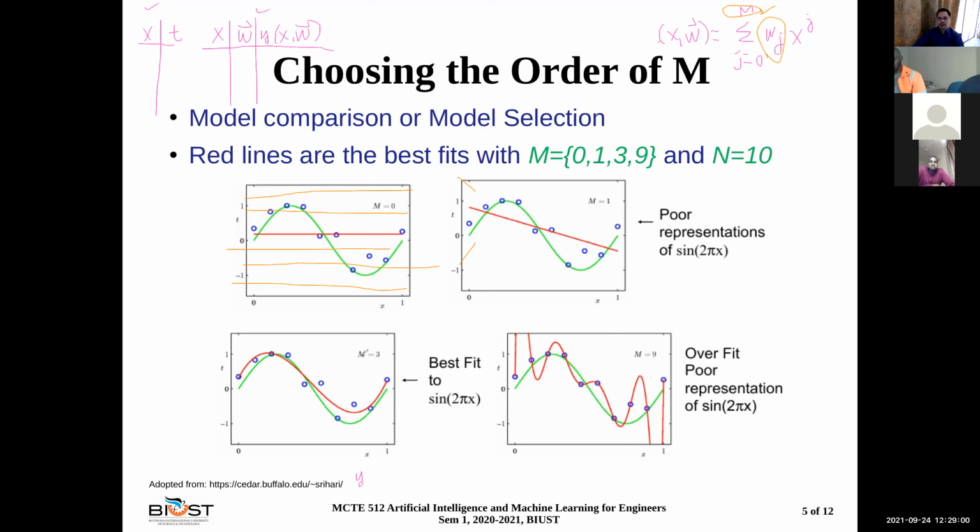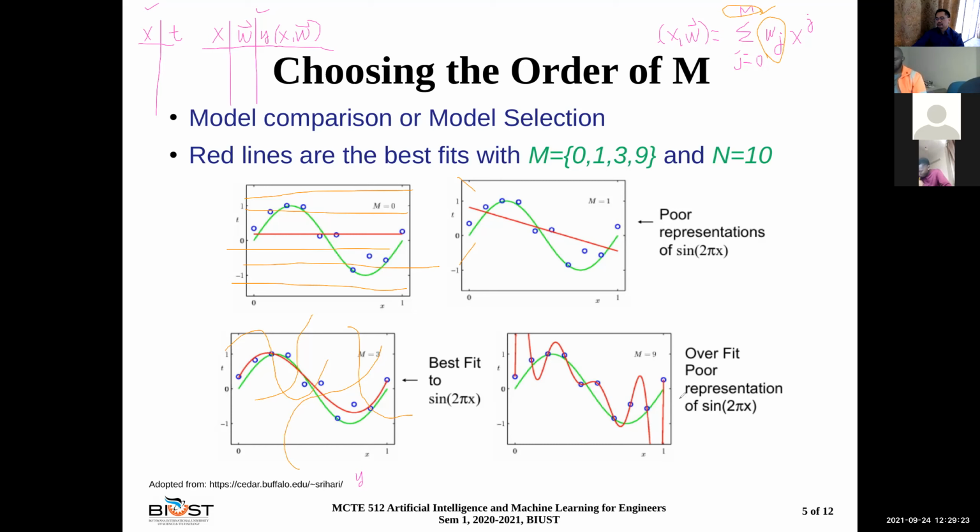Now let's try M equals 3. What kind of cubic functions will estimate our data points like that? Now let's try M equals 9. As you can see, with M equals 9 the function goes through every data point.